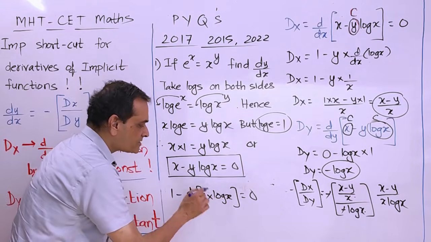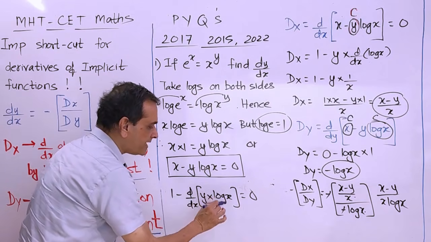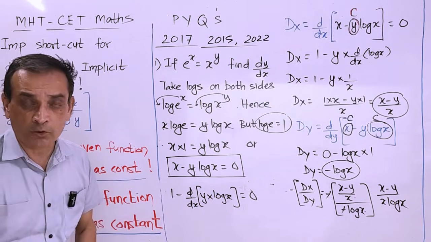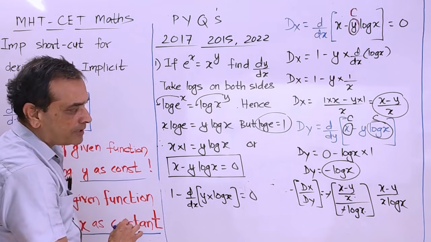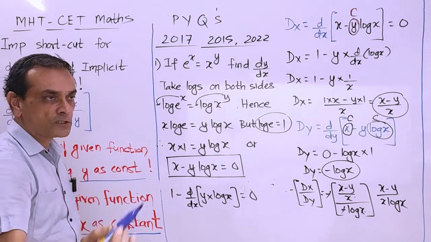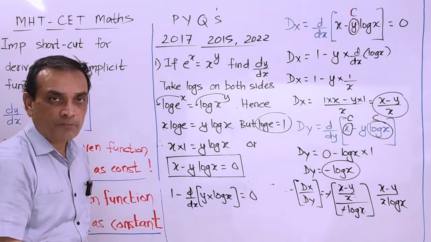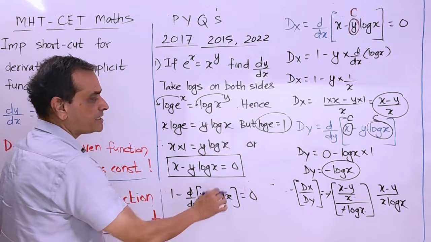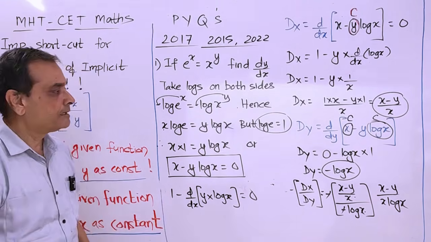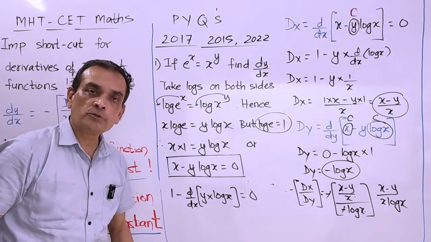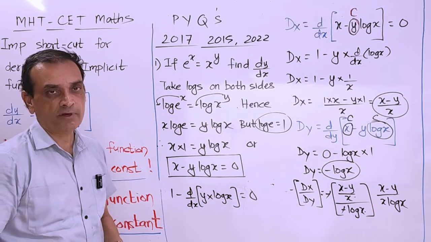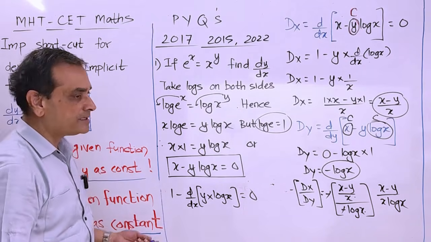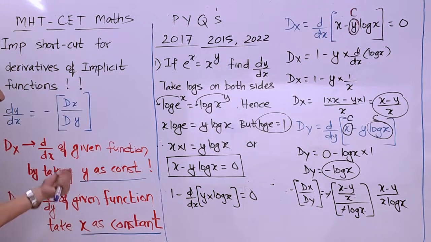Derivative of y log x: first function into derivative of second, plus second function into derivative of first, use the product rule. Then take dy by dx together. Take dy by dx common, take the right hand side as constant or some other bracket. Then dy by dx is equal to, you will get the same answer but 2-3 minutes longer, and those 2-3 minutes are very important. That is the reason that you will get used to this shortcut for implicit function.